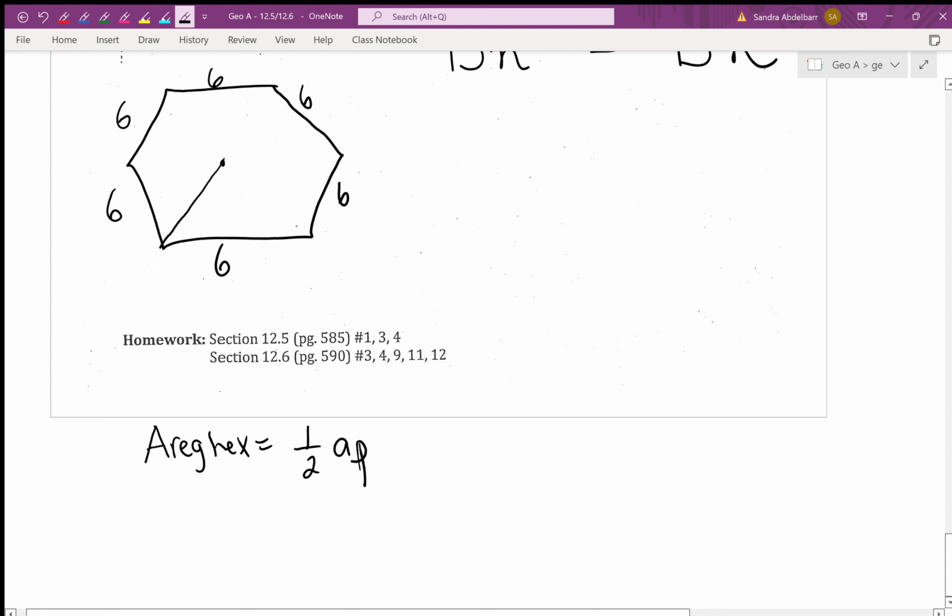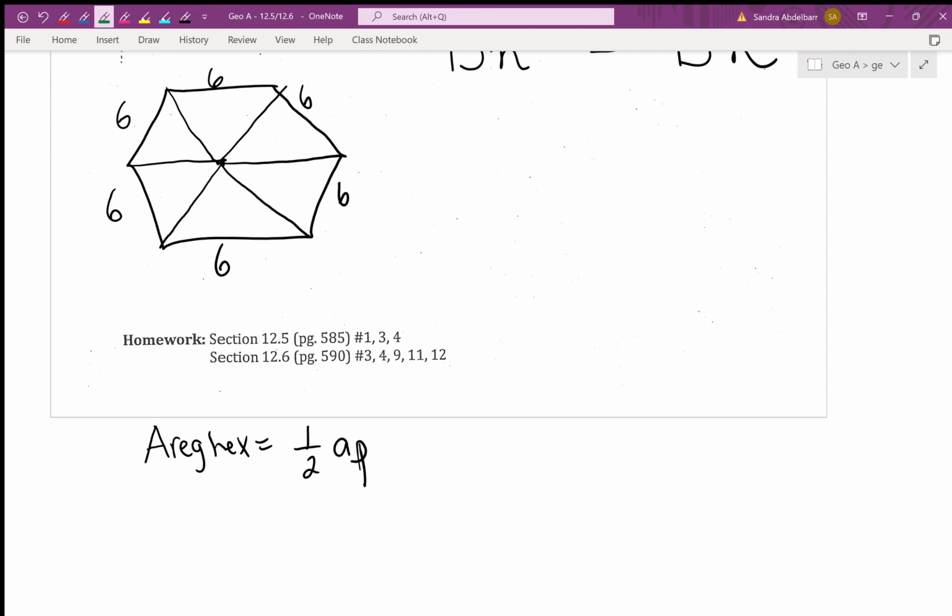The radii to the corners to create triangles. What's the angle for each of these? 60, 60, 60, 60, 60. I left one blank. Why did I leave one blank? Good, so we can draw in our apothem. Now when I draw in that apothem, that top 60 is going to get split in 2. And that 6 on the bottom will get split into 3 and 3.